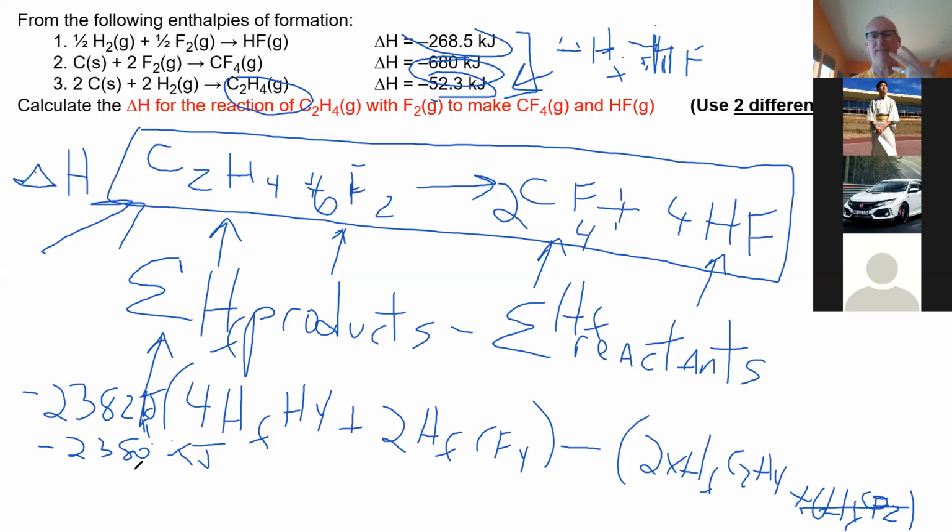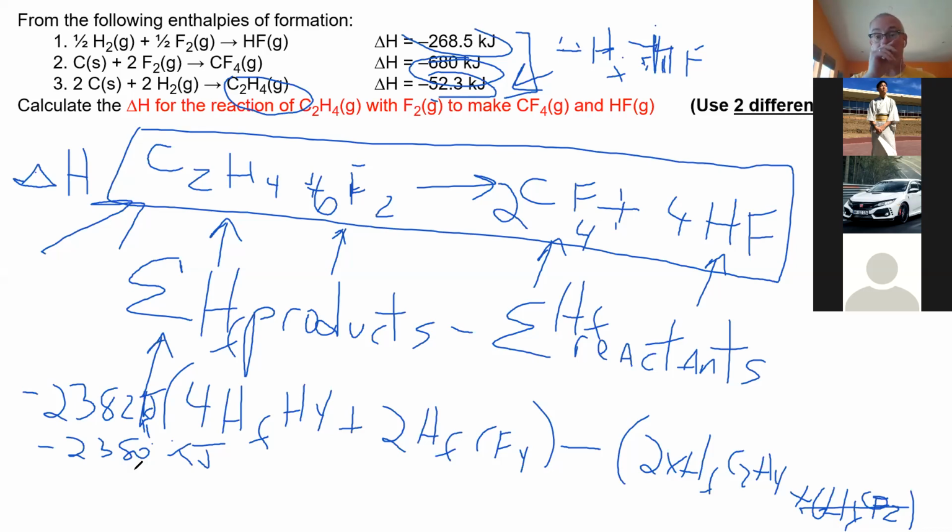If you have heats of formation for everything, you don't need Hess's law. You can just go right ahead and calculate it. But if you don't have the heats of formation of everything, then you need to use Hess's law to figure out the overall heat of the reaction. If you have all the heats of formation, just add them up, much faster.